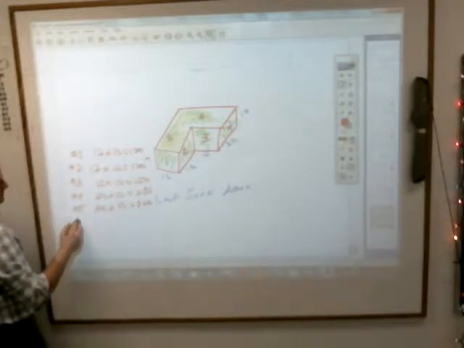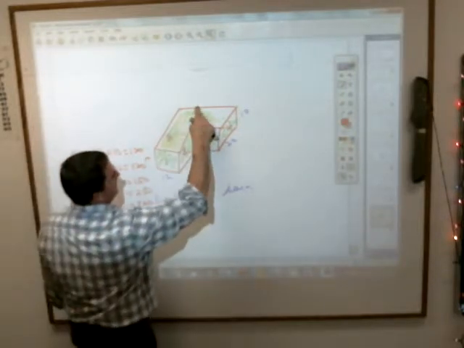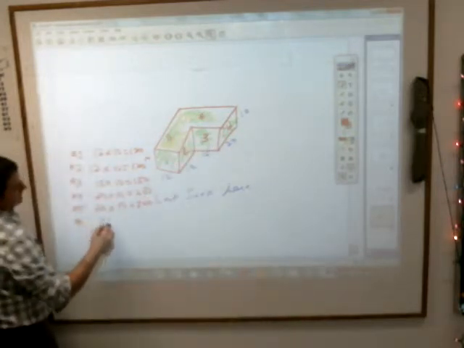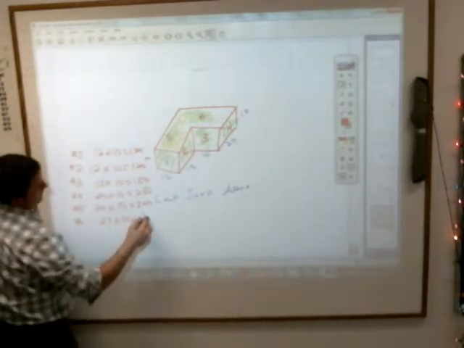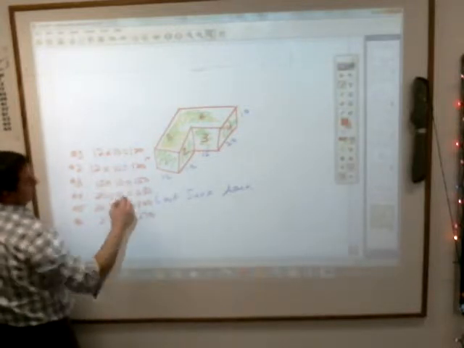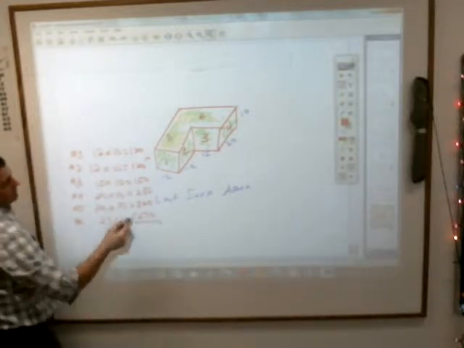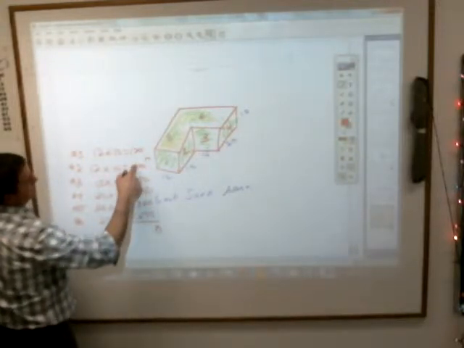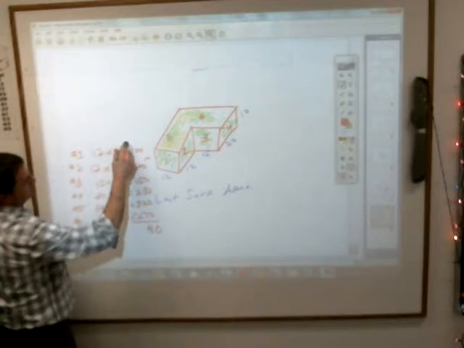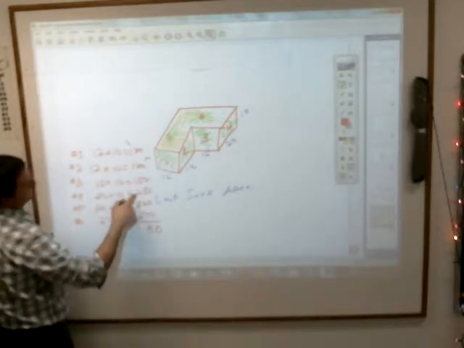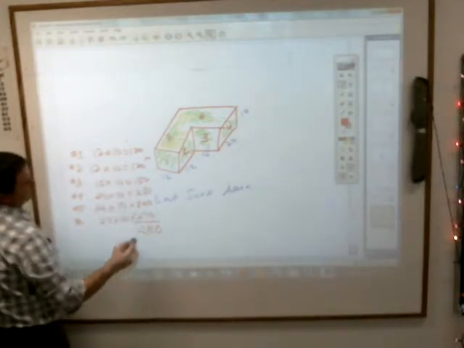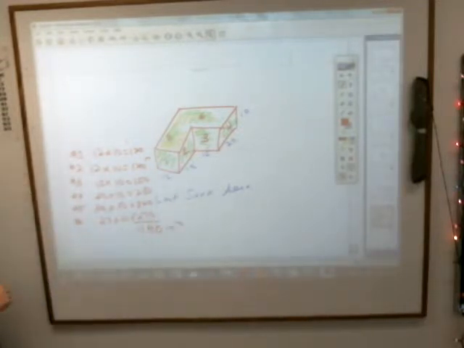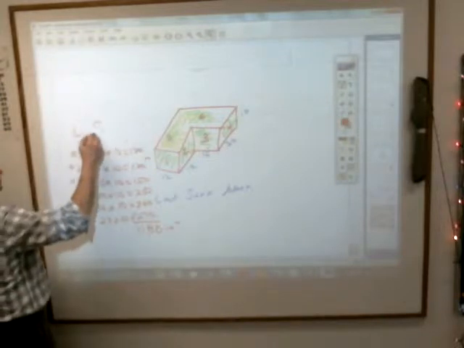And shape number 6 is going to be these two lines put together, 12 and 15, 27 times 10, 270. And you're going to add all of these together, to give you 1180, let's say these are inches squared. That is lateral surface area.